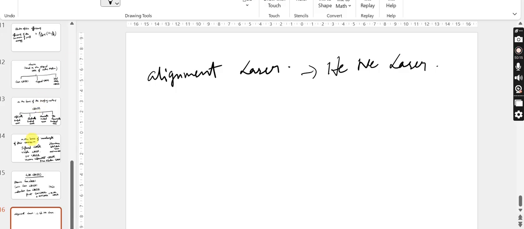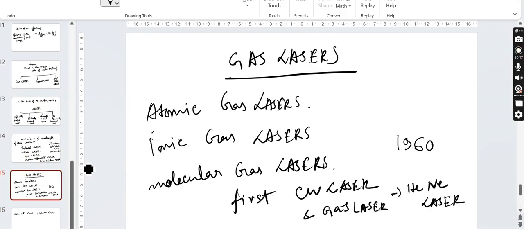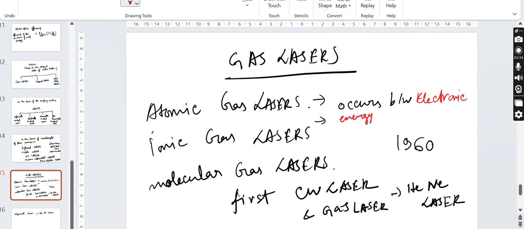So in the atomic and ionic gas lasers, we will get only electronic energy levels. The transition occurs between electronic energy levels, whereas in molecular gas lasers, as well as electronic, vibrational and rotational energy levels are also there.